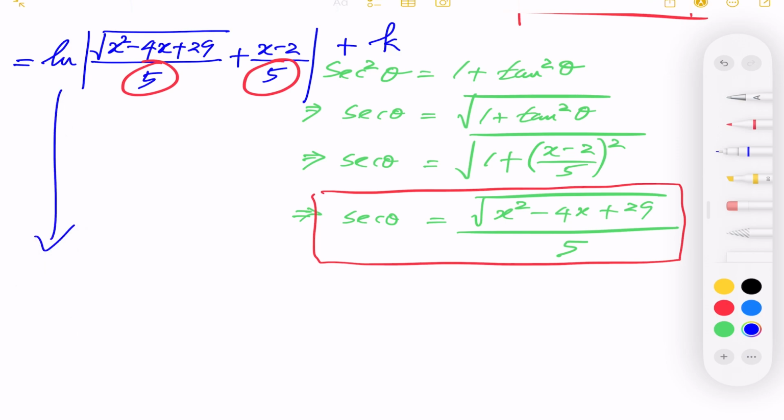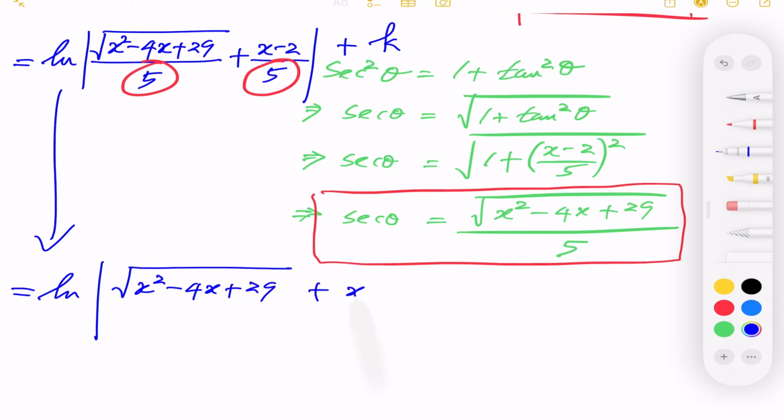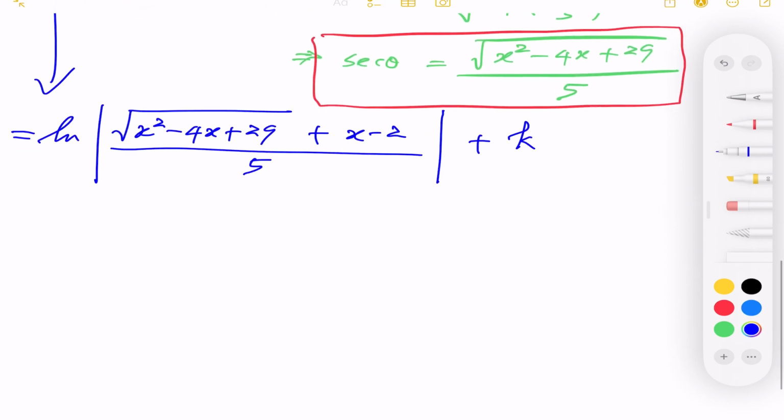Now this is equal to the natural logarithm, absolute signs, with the numerator square root of x squared minus 4x plus 29 plus x minus 2, all that divided by 5, close absolute signs, and we have a plus k. This can also be simplified some more.